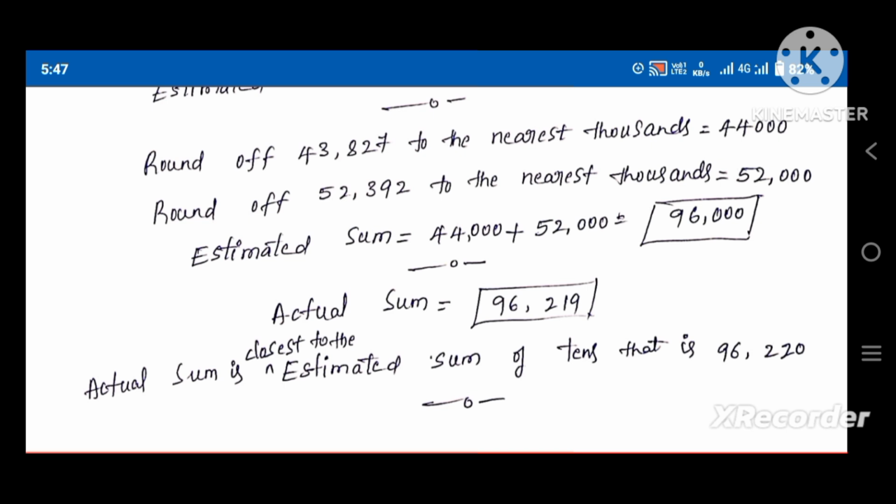Actual sum is closest to the estimated sum of tens, that is 96,220.